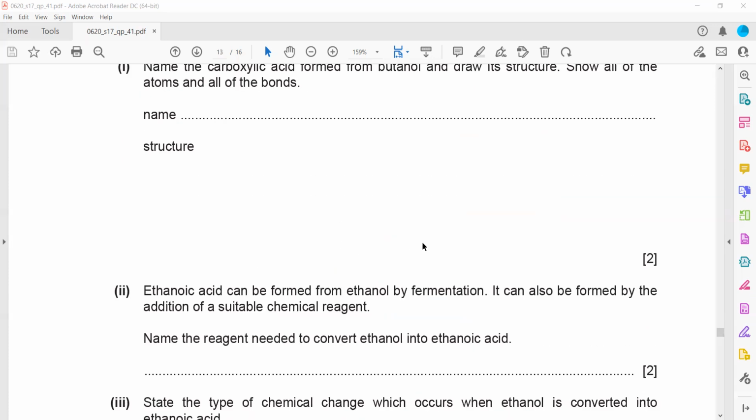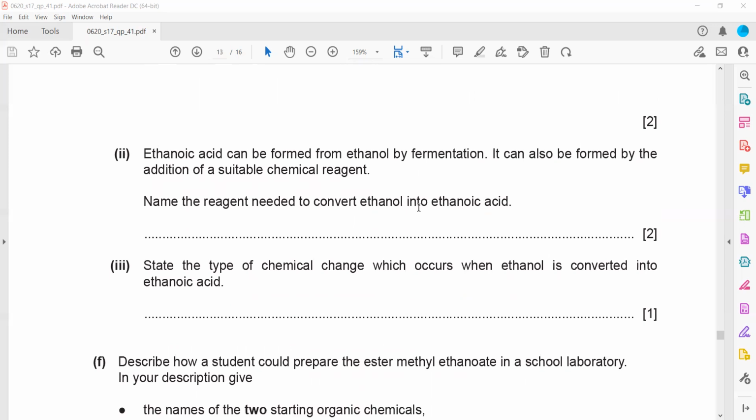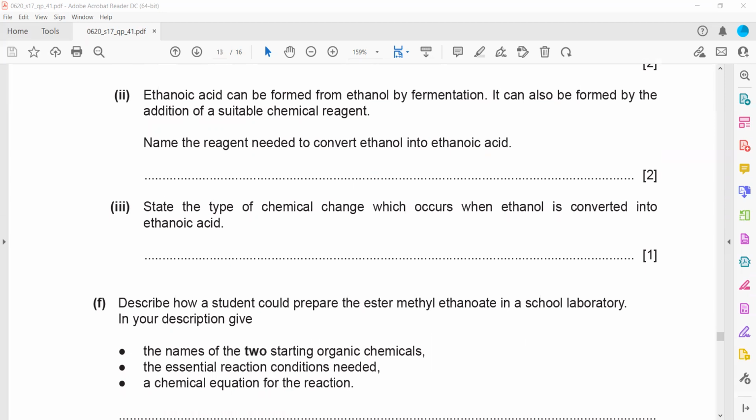Ethanoic acid can be formed from ethanol by fermentation. It can also be formed by addition of a suitable chemical reagent. Name a reagent needed to convert ethanol to ethanoic acid. So we need an oxidizing agent. The oxidizing agent we use is acidified potassium manganate(VII). You have to learn and memorize this oxidizing agent for converting alcohols into carboxylic acids.